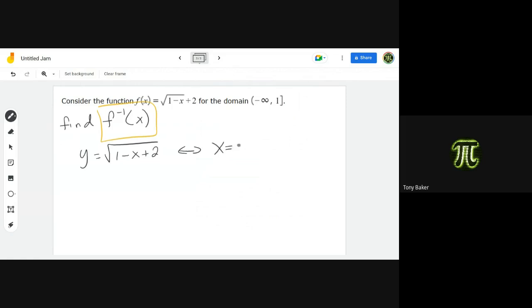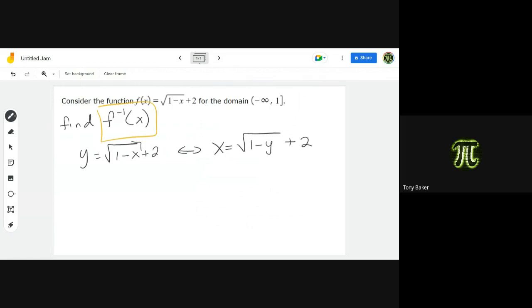So it's going to be x equals the square root of 1 minus y plus 2. Okay, so step one when you're looking for inverses is you switch the x and the y.